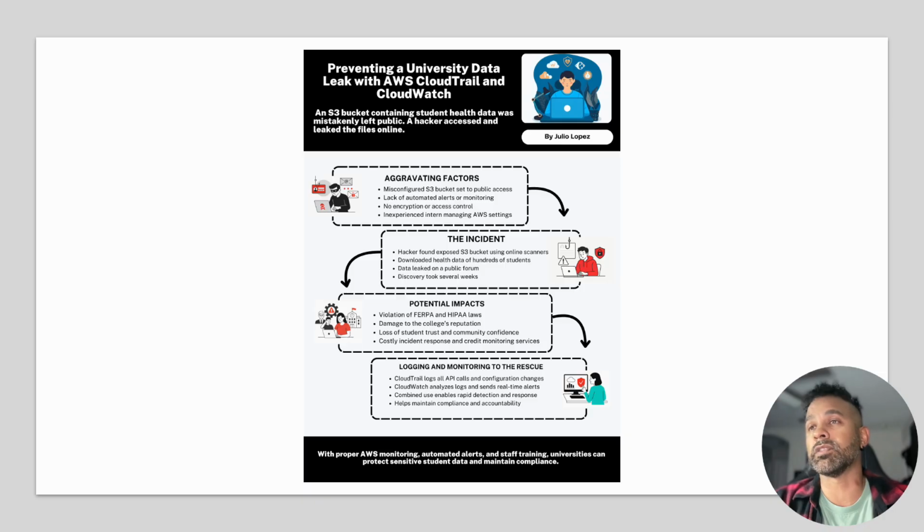Whenever you see any suspicious activity or somebody leaking data, please report it immediately to the safety department, so hopefully we won't get to the step where it gets leaked, with everything we implemented with CloudTrail and CloudWatch. But if it does happen, this is an explanation of what happened for everybody to get educated about it. And we're going to use this SOP also to train the staff to prevent this in the future.